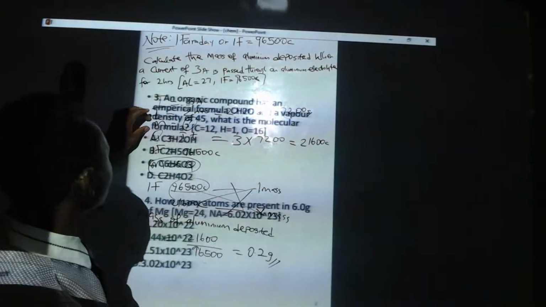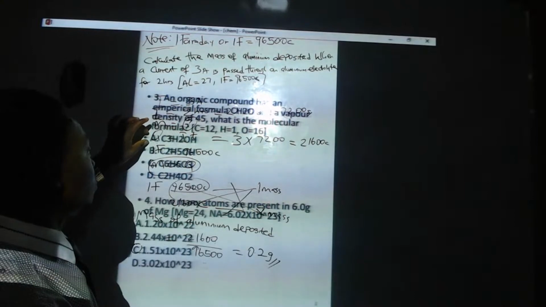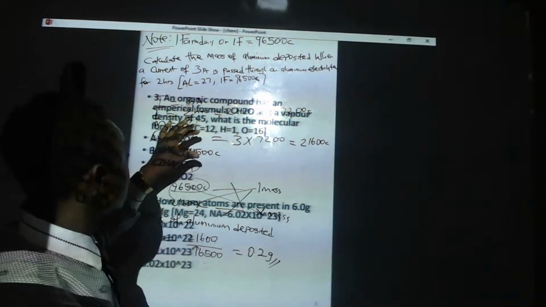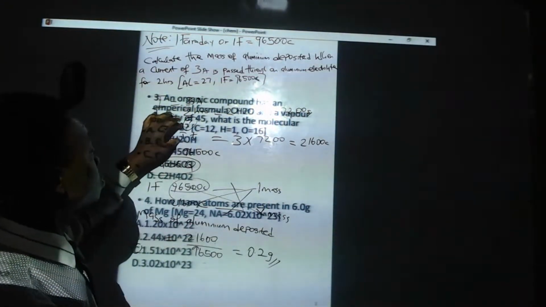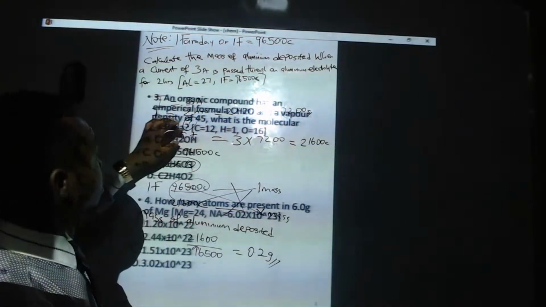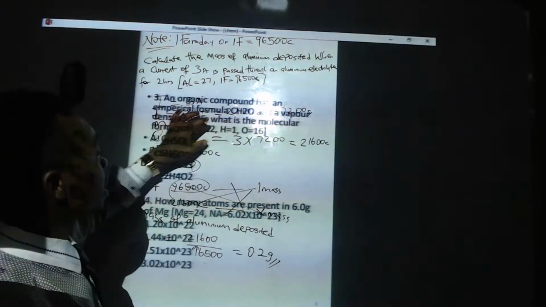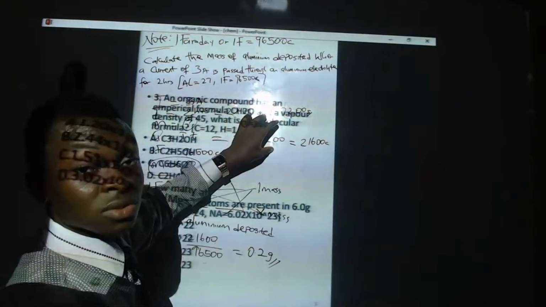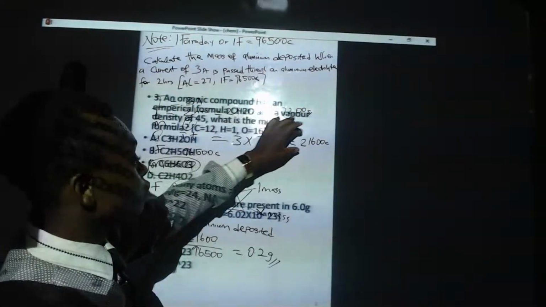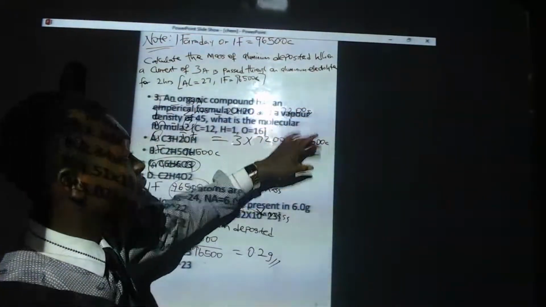Now your mass is not given. Remember that your Q is equal to your IT, which is quantity of electricity equals current times time. You multiply the current, 3, times the time in seconds, 7200. It will give you 21,600 coulombs.